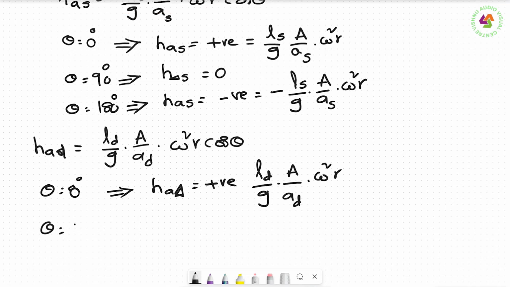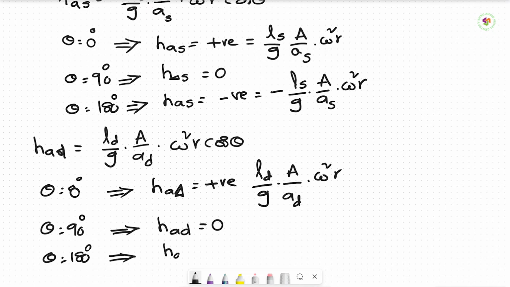When theta is equal to 90, at the middle of the delivery stroke, HAD is equal to 0. At the end of the delivery stroke, theta is 180 degrees, cos theta is minus 1, so HAD is negative: minus LD by g, A by AD into omega square r.